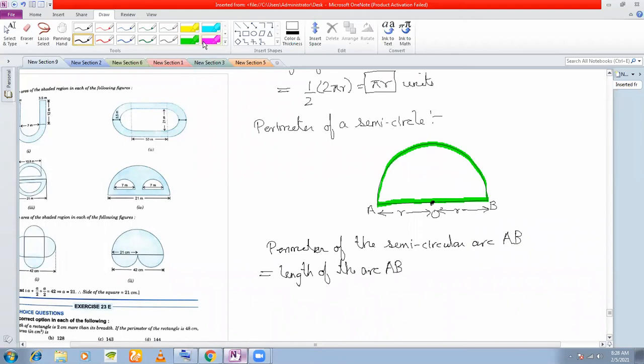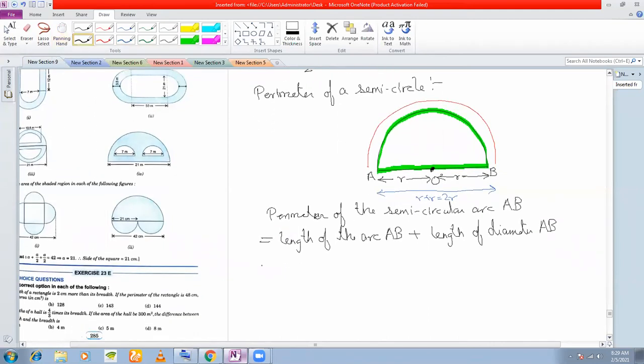that is, first the length of this arc, plus the length of the diameter AB. And the diameter AB is this length. What is this length? This length is R plus R, which is 2R.